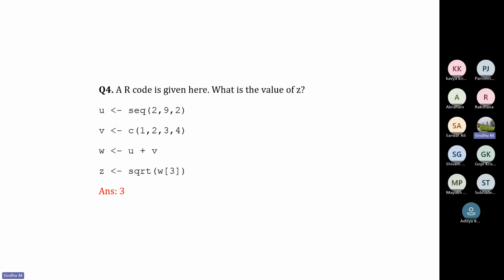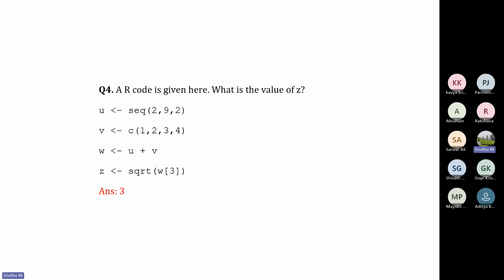So this U will be a sequence of numbers or a vector starting with 2, and the gap is also 2. So we keep adding 2: 2, 4, 6, 8. And we are stopping at 8 because the maximum value is 9. If you go on, the next value will be 10, but that can't happen.